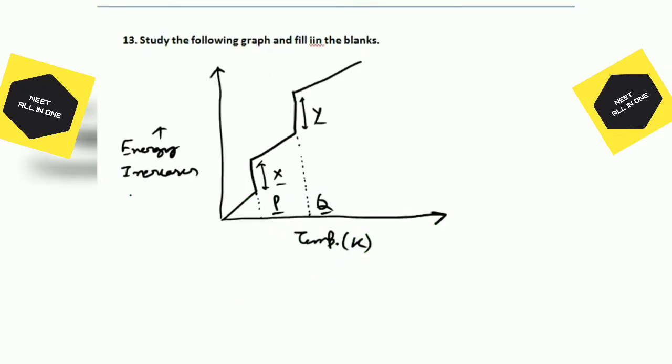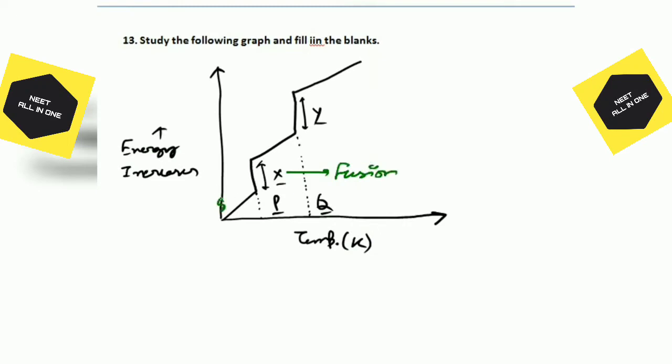Now see question number 13 here. They have given us a graph and told us to fill in the blanks. Here we can see that there are transition phases, and entropy increases with temperature. So from this graph we can deduce that at X fusion is happening, right?